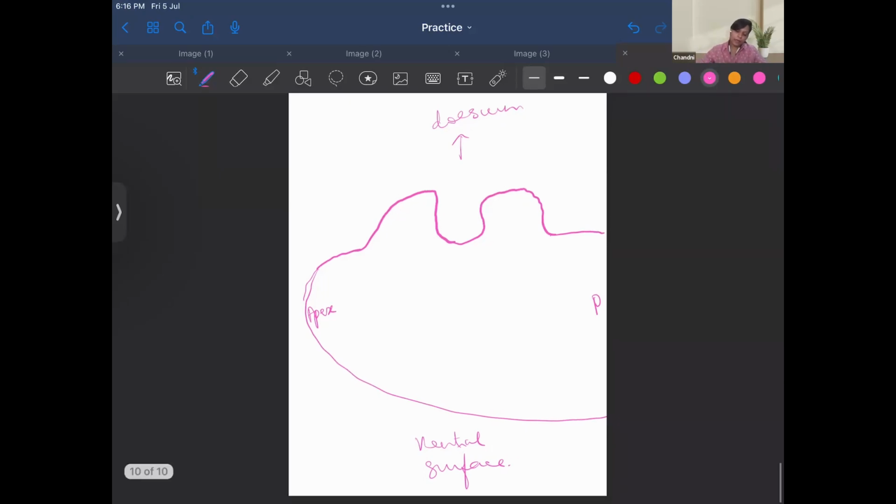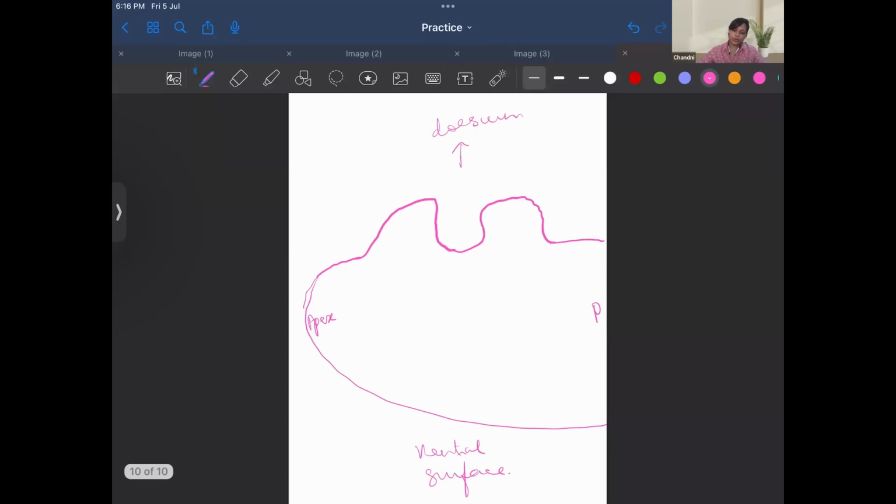Now let's talk about, okay, now I told you that the mucosa, which will be this section, has two components, lamina propria plus epithelium, okay? Now this lamina propria, actually, you know what it does? It kind of gets into the shape of the papillae, okay?